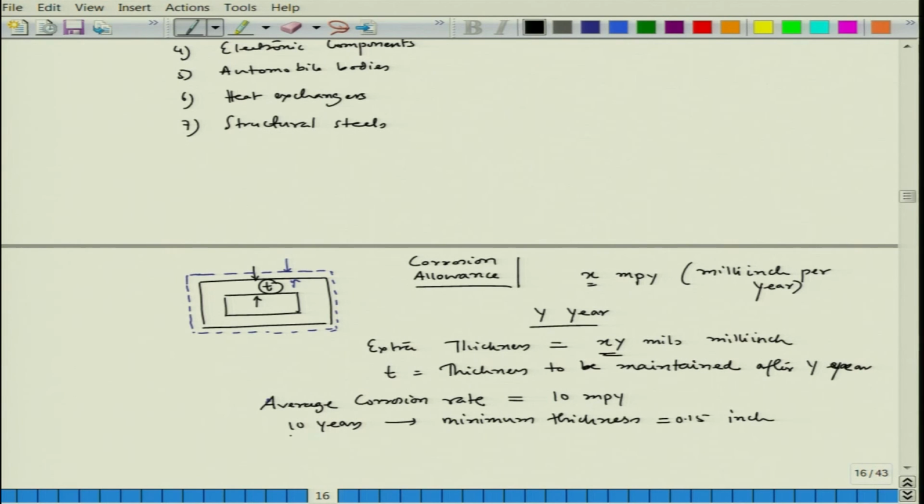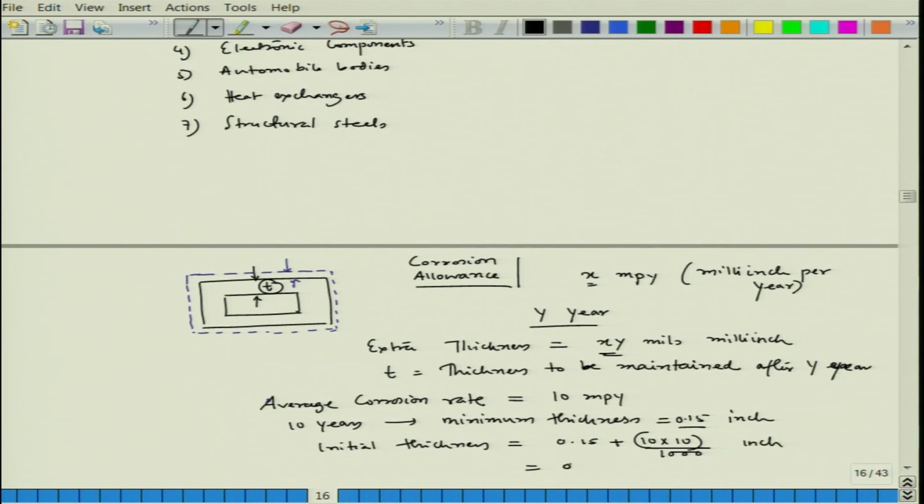Now, after 10 years, how much corrosion allowance do I have to give? So, the initial thickness to start with should be equal to 0.15 plus 10 into 10 divided by 1000 inch.